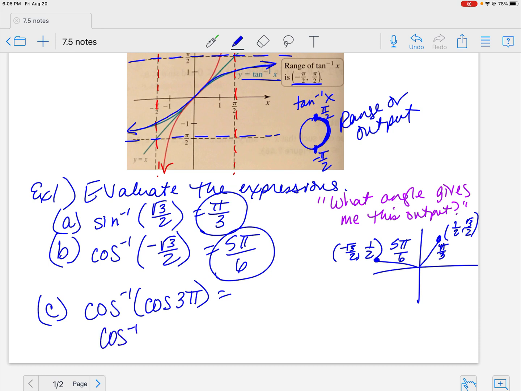I want to say cosine of 3 pi. How do I get to 3 pi? I'm going to make a new drawing here because that one's getting too junked up. I can go all the way around as 2 pi, plus 1 more half. That's where I get the 3 pi.